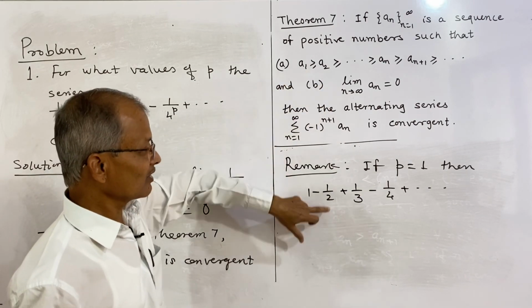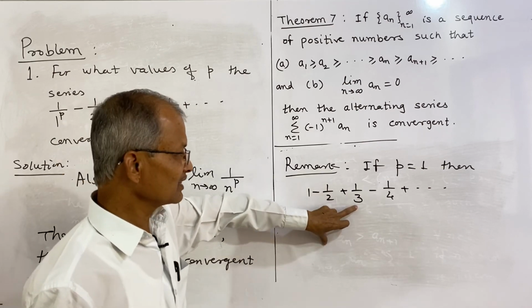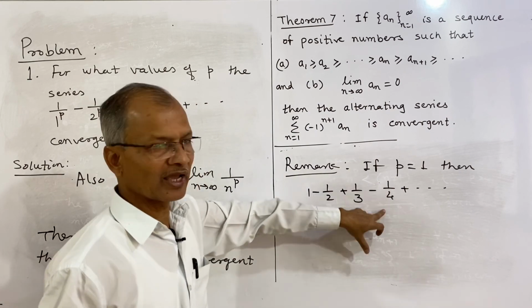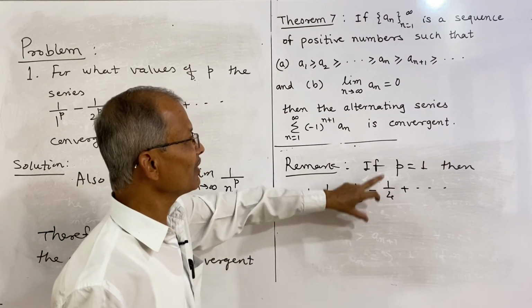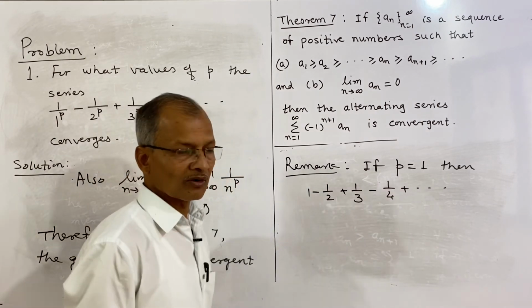So a1 is greater than or equal to a2, means 1 is greater than half is greater than 1/3, etc. And what about the limit of a_n? Here a_n is 1 by n, and the limit of 1 by n is 0. So therefore the series is convergent.